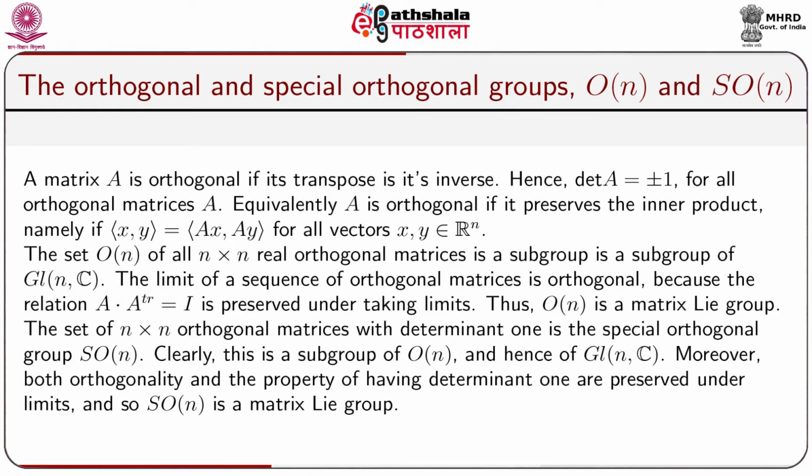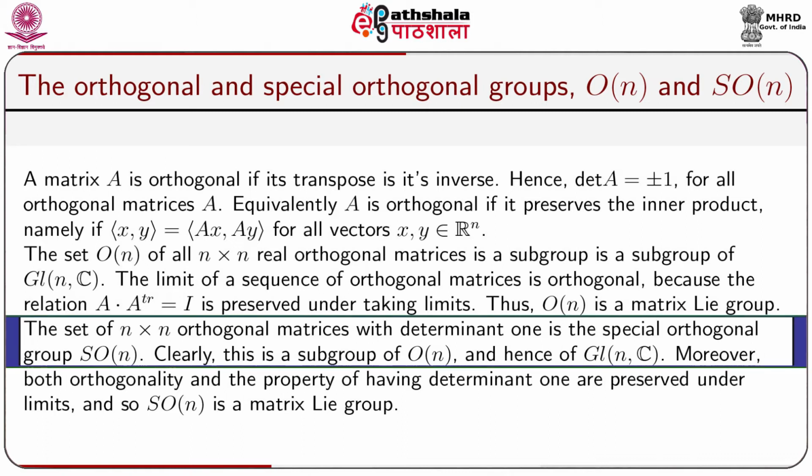Now, since all members of the sequence are orthogonal, we have that A transpose A for any member of this sequence is the identity, and therefore, if we take the product of the limits, that is also the identity. So, the limit is also an orthogonal matrix, therefore, the limit is in O(n).